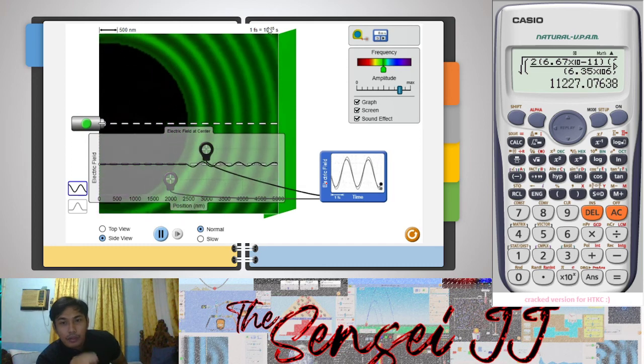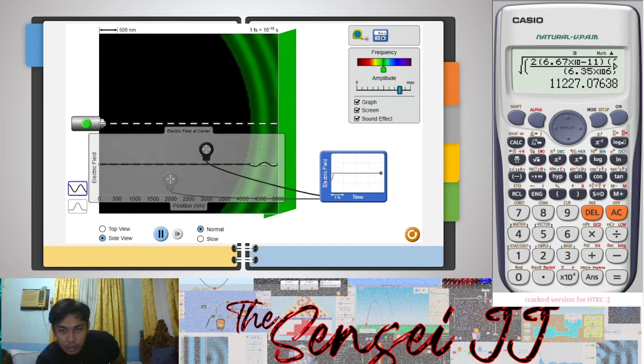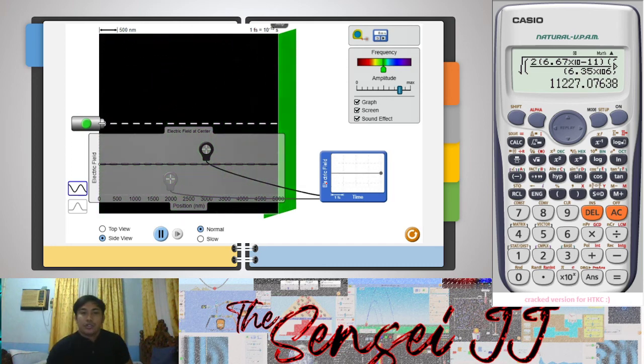Both of the wavelengths are going in the same directions. So we have identified here the constructive and the destructive. We have seen in here through the use of the light that even light can produce wavelengths. I hope, guys, that this lesson is new to you.